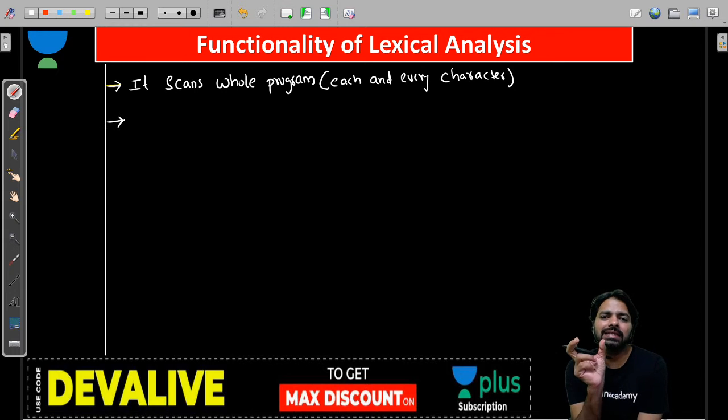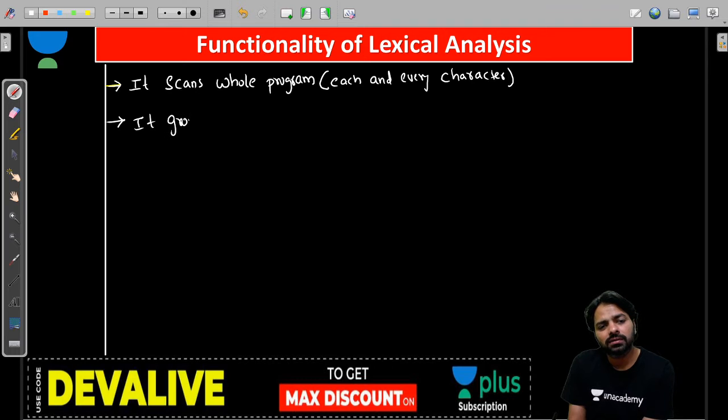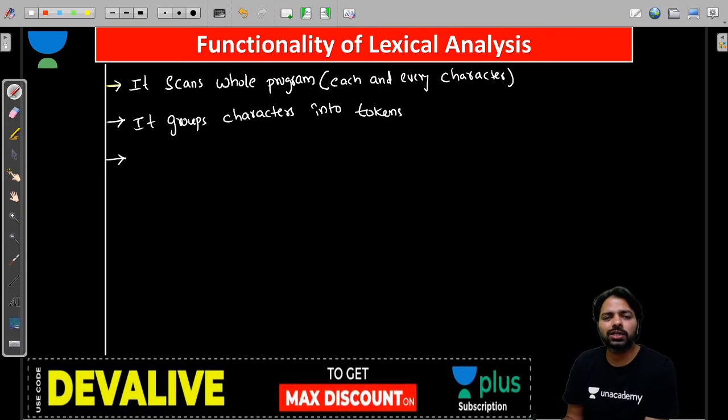While scanning the whole program, it groups characters into tokens. What is a token? We will see it slowly. It groups characters into tokens.